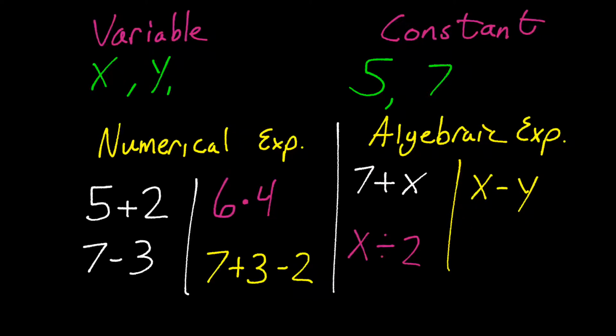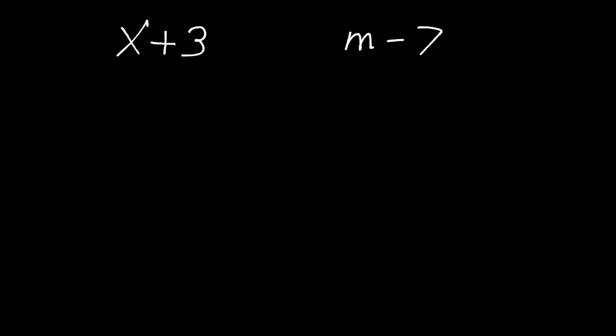Now, let's talk about how to read or how to translate expressions involving variables. Here we have 2 algebraic expressions. And while we can look at it and know what it's asking us to do, sometimes we want to translate it into words. Say if we are trying to describe it to someone who has never seen this before.